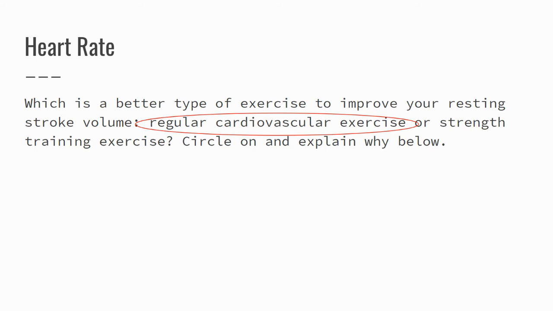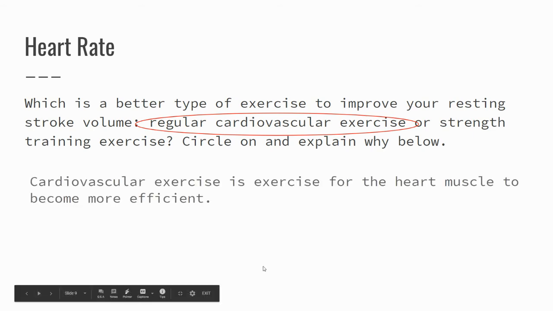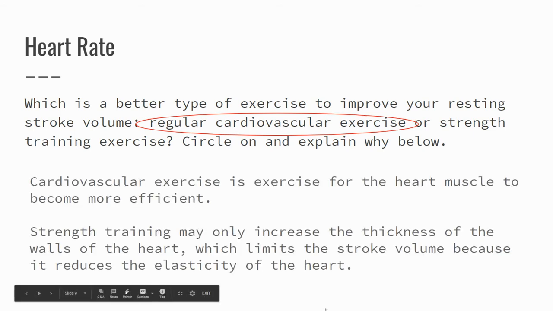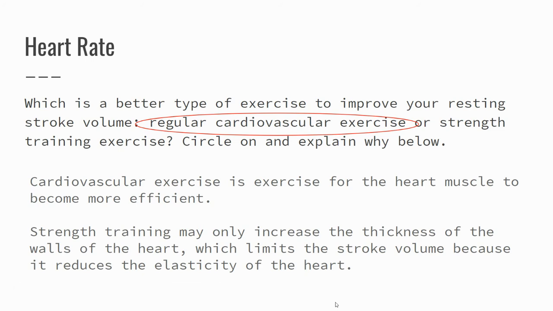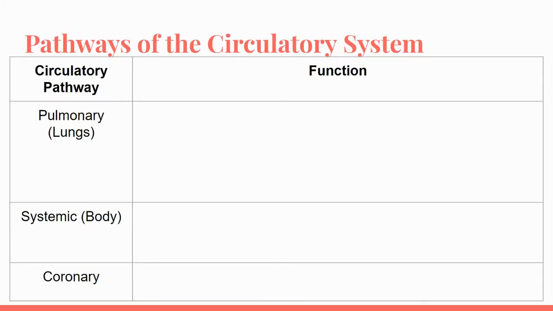When you use strength training, your heart does the same thing, except the walls of your heart get thicker, which makes them less efficient at pumping blood. So you want to use cardiovascular exercise, like running, sprinting, Tabatas, and things like that, to help your heart become more efficient.